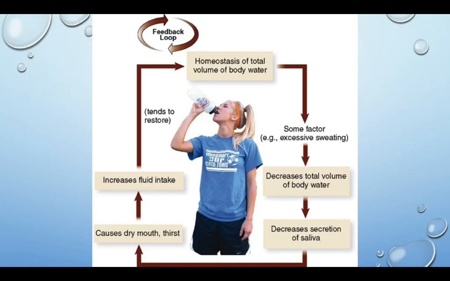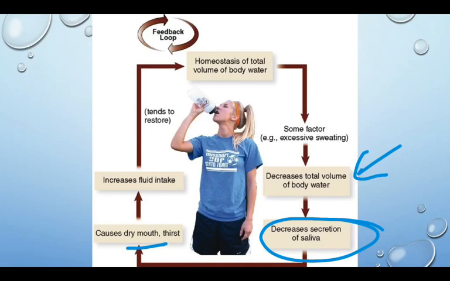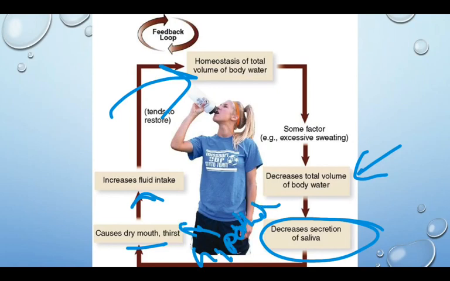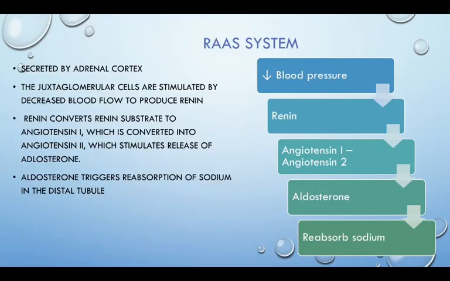Okay, so here's a little graphic of how it works. Here's what happens: you decrease the total body water, decrease the secretion of saliva, you get a dry mouth, it increases your fluid intake. And then in here, your hypothalamus gets stimulated right here. Okay, so that's how you get thirsty and then you drink. That's one way we maintain fluid.